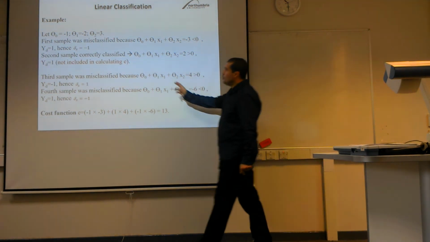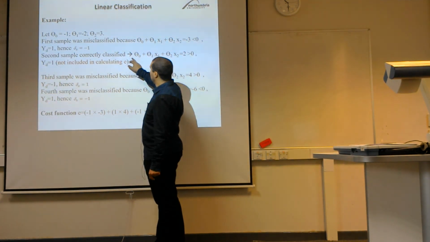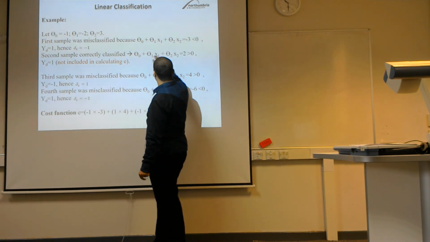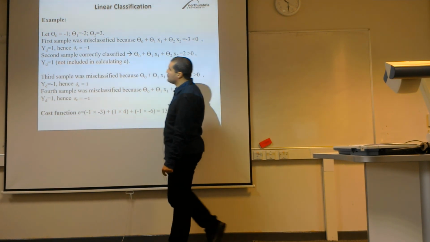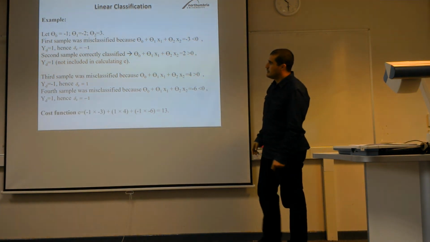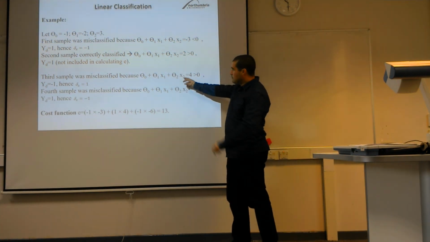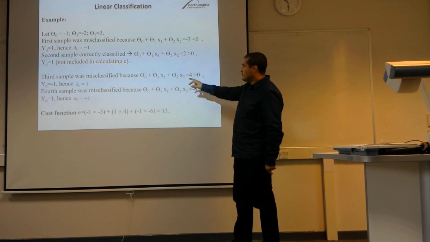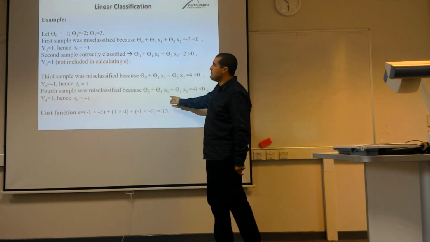So the cost function only considers the cases where the sample is not correctly classified. The third sample is misclassified. The fourth sample is misclassified as well.